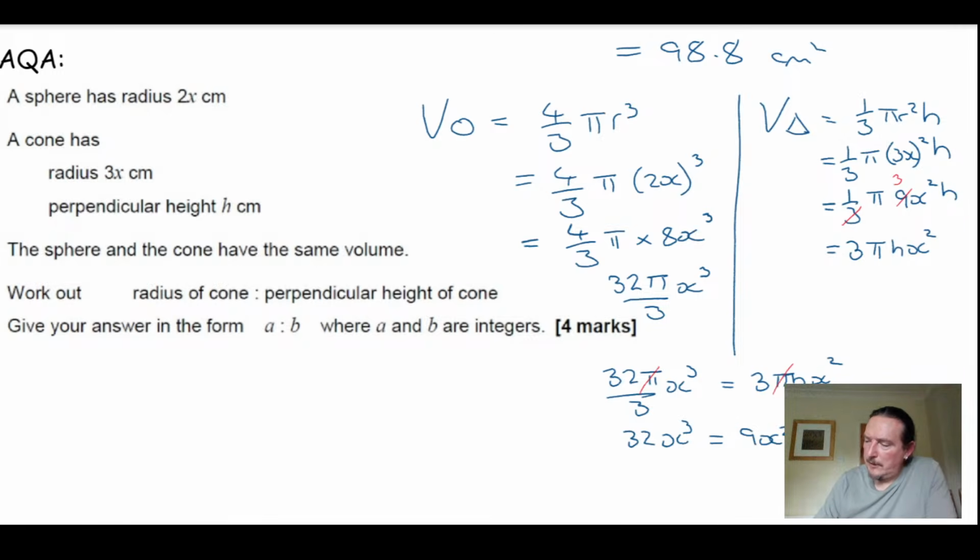I'm going to divide both sides through by x squared, I think. So that will leave me with 32x equals 9h. I don't think 32 and 9 have any common factors though, annoyingly. So I think that's about as far as I'm going to get on that bit.